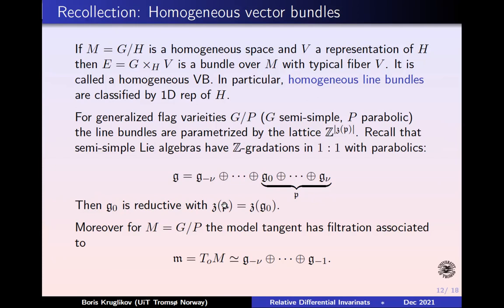I'm sorry for this error. So it's just reductive with central part denoted by G0, right? That's the rank of ZG0, which corresponds to the number of crosses on the Dynkin diagram. That's how we encode the parabolic.